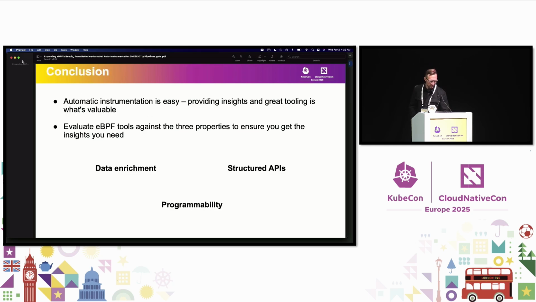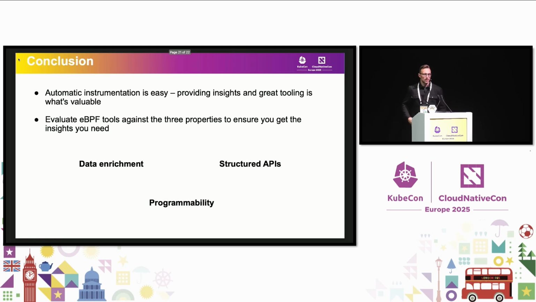And so to wrap things up, the high-level points are: automatic instrumentation is easy. You want your eBPF tools to provide insight and have really great tooling, and that's what's going to give you value in being able to solve your debugging and other system problems.